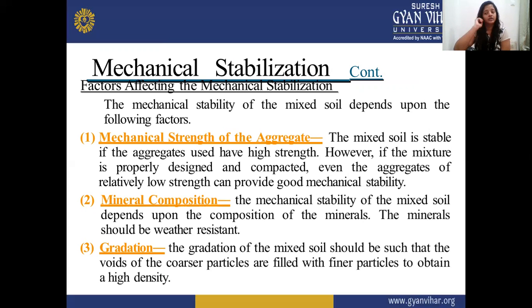Again, we previously discussed that it is quite important to use aggregates of higher strength because they are the ones that give extra compressive strength to the concrete. So it is very important to use higher grade aggregates.